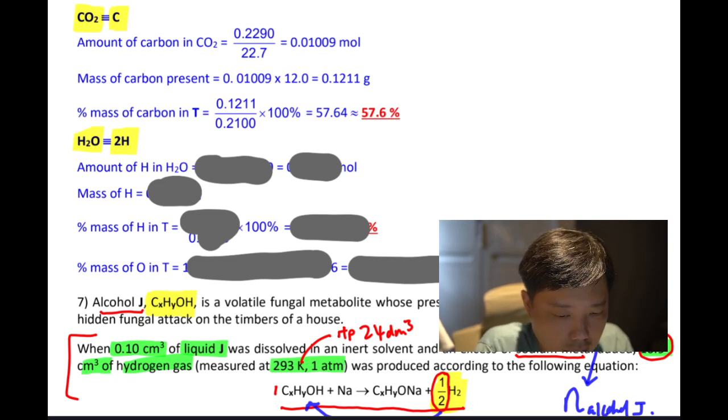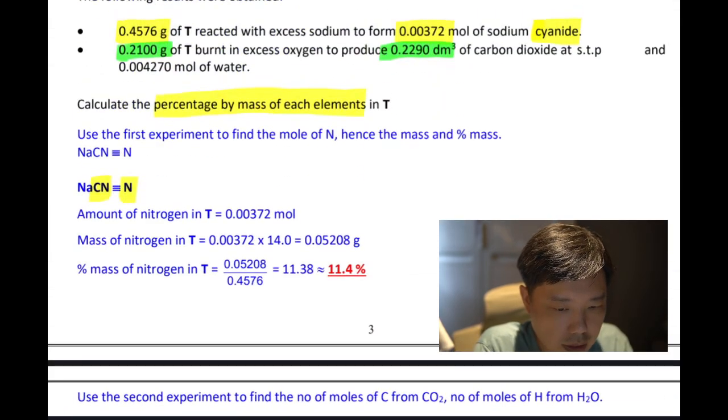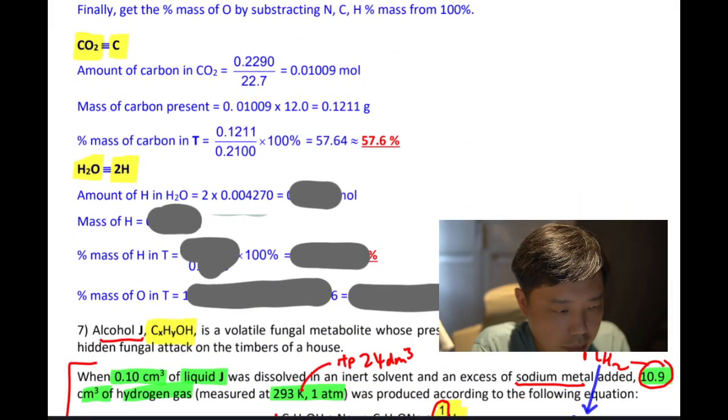Then for hydrogen, we need to find the number of moles. Again, the data given is 0.00427 moles of water. So we multiply by 2, and we will get the number of moles of hydrogen, because we are interested in the percentage of hydrogen, not water.